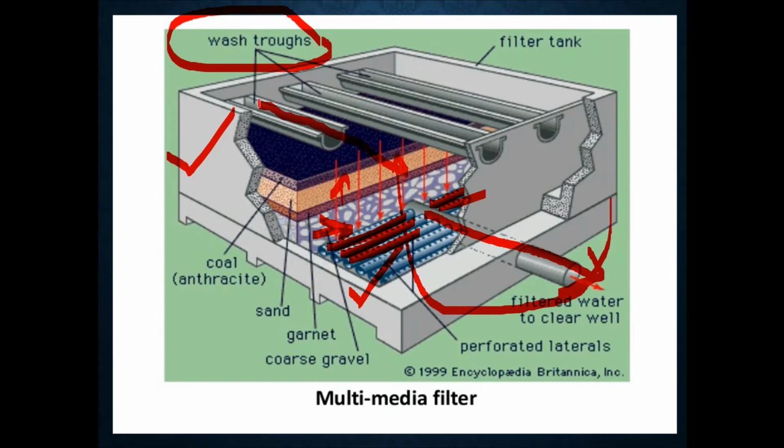The wash water troughs carry the dirty water generated during the cleaning and repairing of the filter, which comes up at the top in the troughs or gutters. These drains are useful for draining out all that wash water. This is the one additional thing with respect to the rapid sand filter.